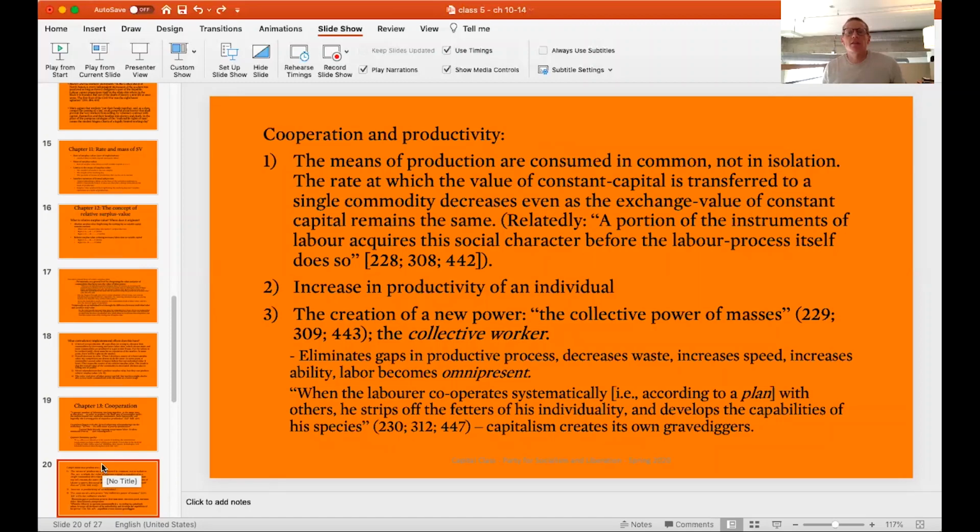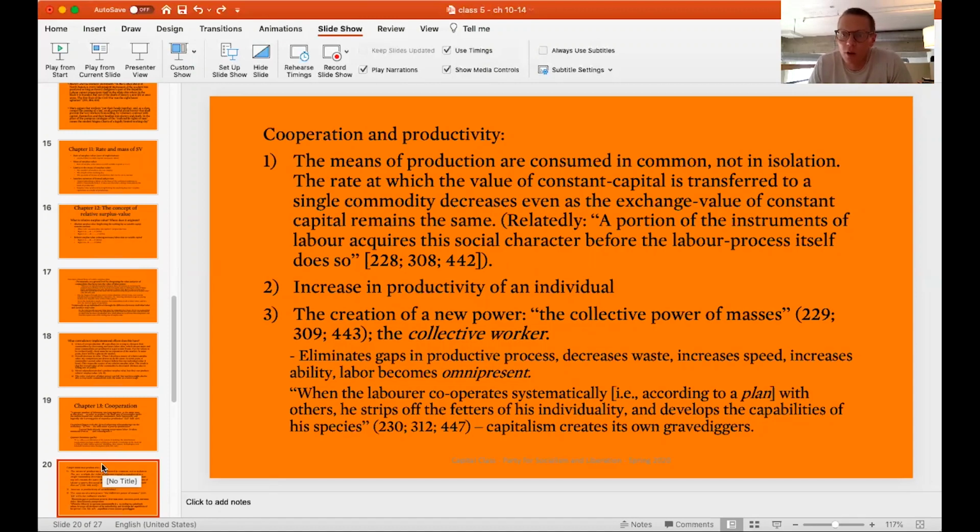So there's a couple of ways that cooperation increases production. One is that when the means of production are consumed in common rather than in isolation, the rate at which the value of constant capital is transferred to a single commodity decreases, even as the exchange value of constant capital remains the same. There's an increase in productivity of an individual, right?